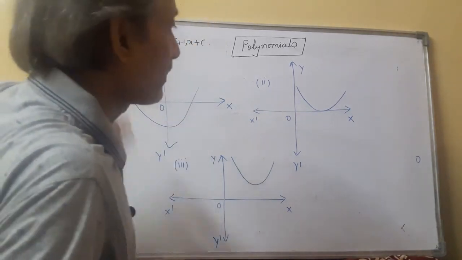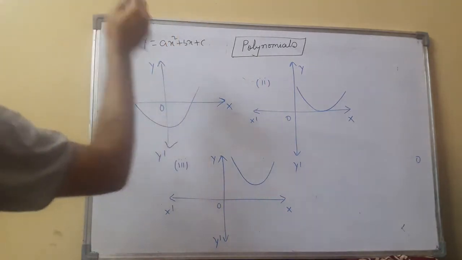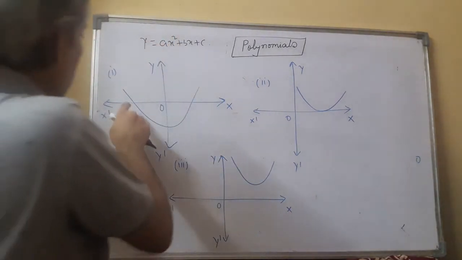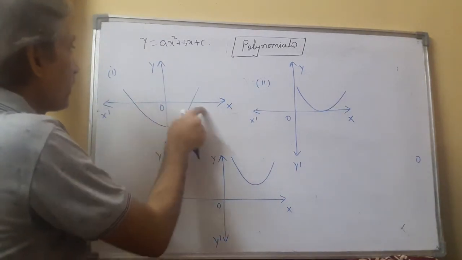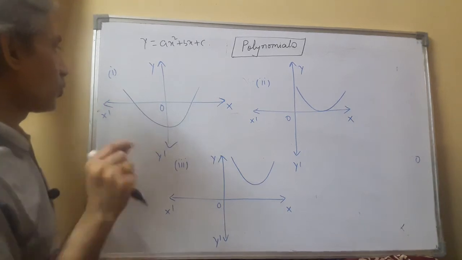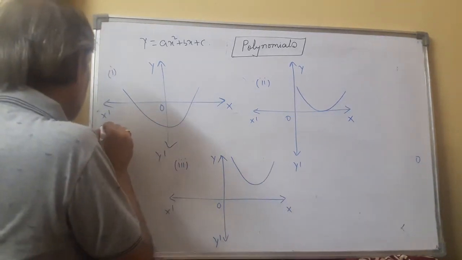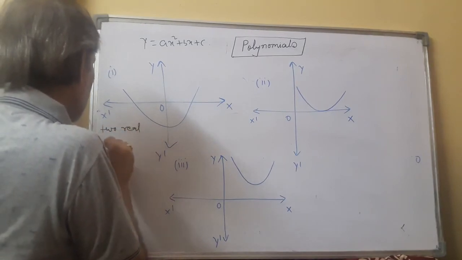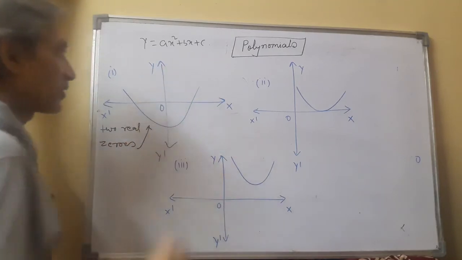It is looking like a cup, so a will be positive. Here you can see two cuts, meaning in this case we have two real zeros.